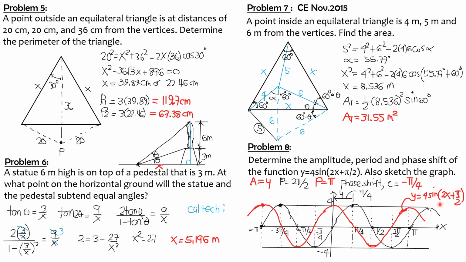You check, set your calculator in the radian mode, then use mode table, 4 sine of 2x plus pi over 2 as your f of x.